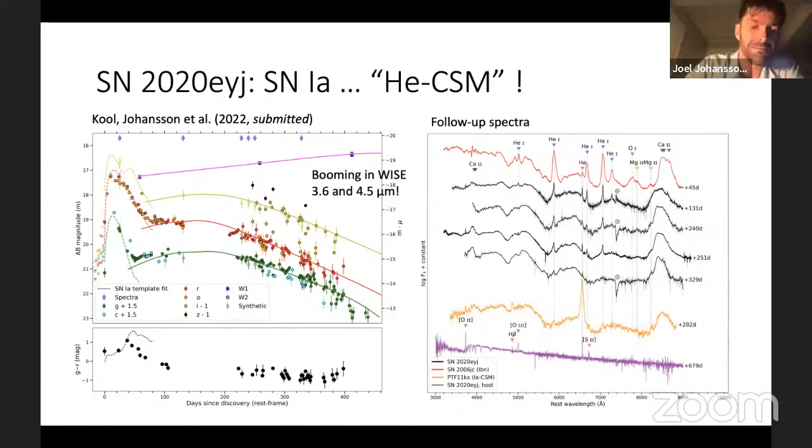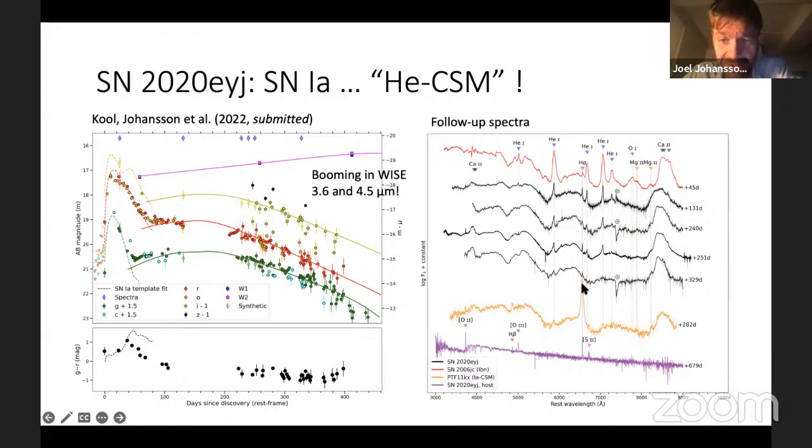And then over the course of a year, we saw this long-term interaction powered light curve, and it was also booming in the mid-infrared in the WISE images that we analyzed.